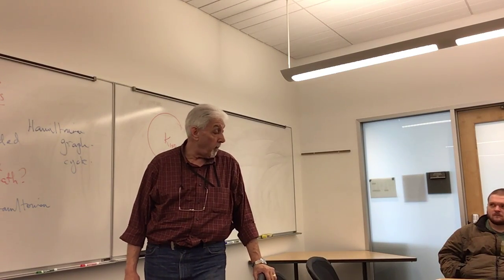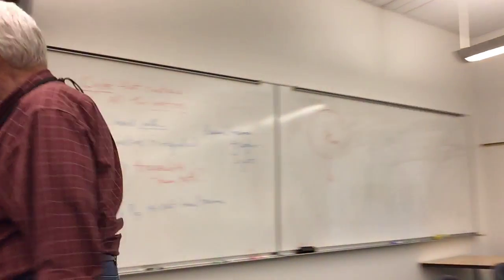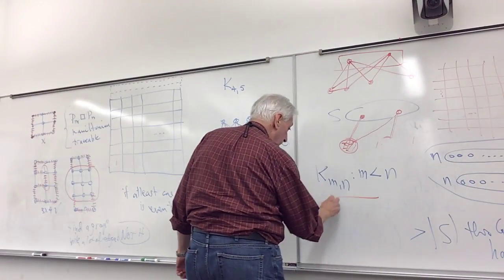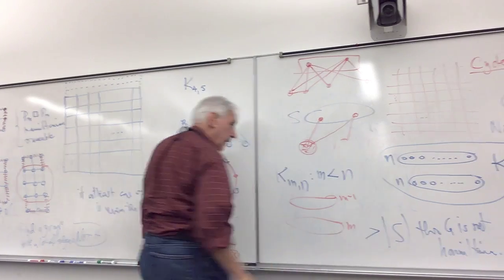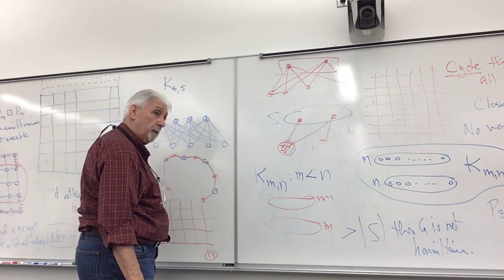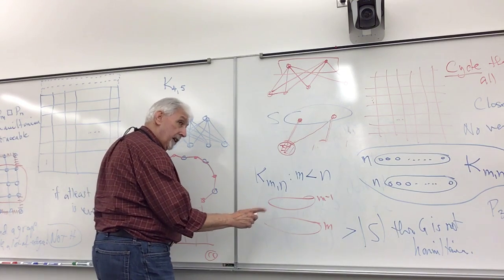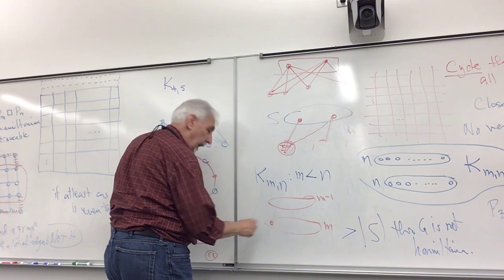They can be 1 apart, like m minus 1 and m. Then where would the Hamiltonian path be? Careful, where would we start? Bottom. We've got to start at the bottom.